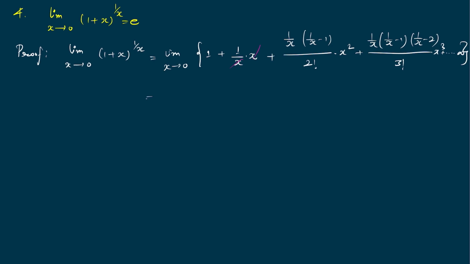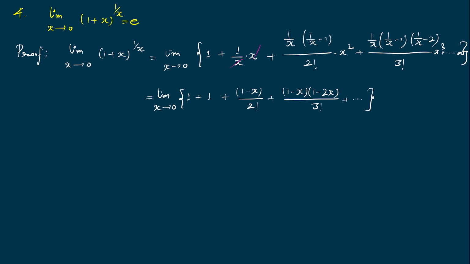Now if I simplify it, the x and x get cancelled, so it will be limit x tends to 0 of 1 plus 1 plus, simplifying the term, (1 minus x) by 2 factorial. Simplifying the next term, we get (1 minus x)(1 minus 2x) whole divided by 3 factorial plus up to infinity.